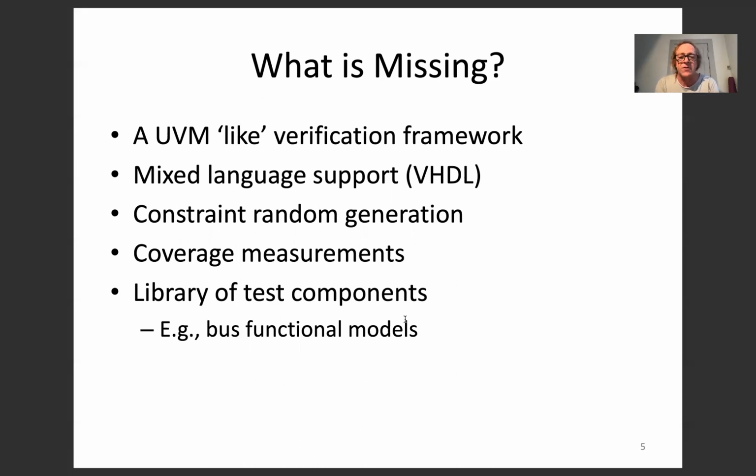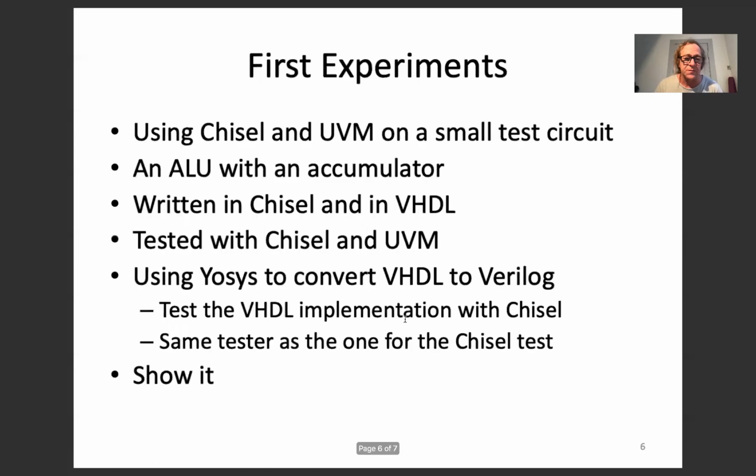In Europe, we have more VHDL code than Verilog code. We're also looking at constrained random generation and coverage measurements. The question is, where do we do the coverage measurement? Is it on the generated Verilog, in the intermediate representation, or in Scala? The question is always, when you write hardware generators, which is what Chisel is more about, what is the code coverage? And of course, we need a bunch of libraries for test components, like bus functional models and this kind of stuff.